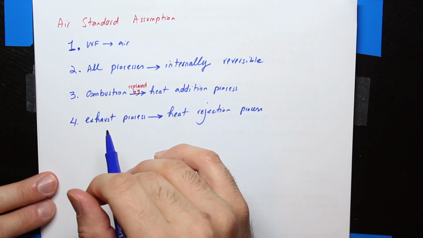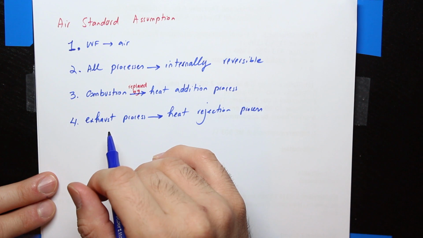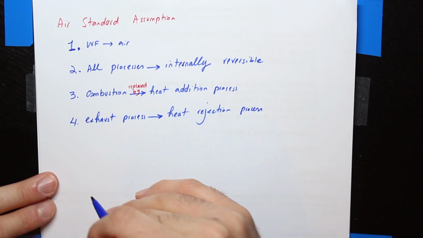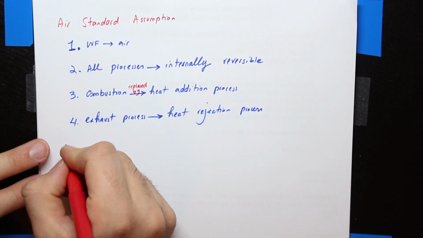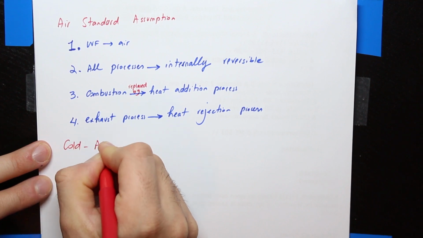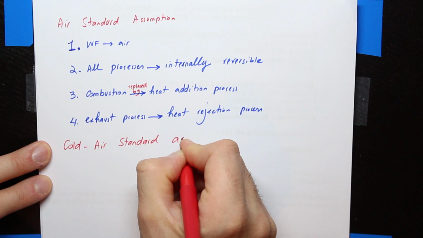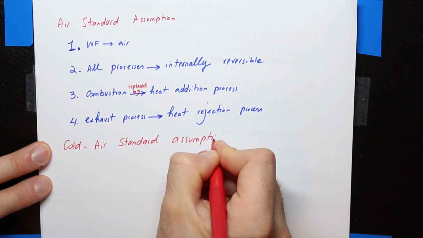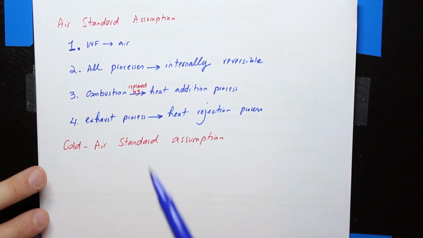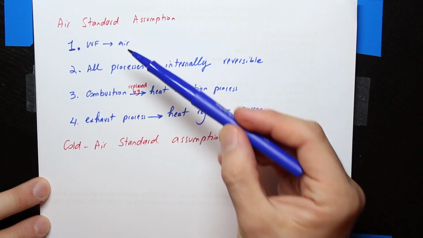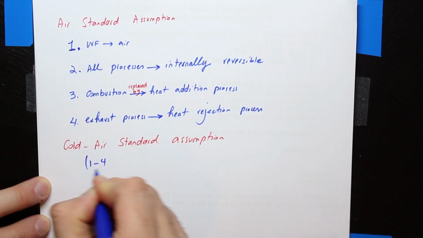In addition to the air standard assumption, in problems we may have the cold air standard assumption. The cold air standard assumption has assumptions 1 to 4 of the air standard assumption.